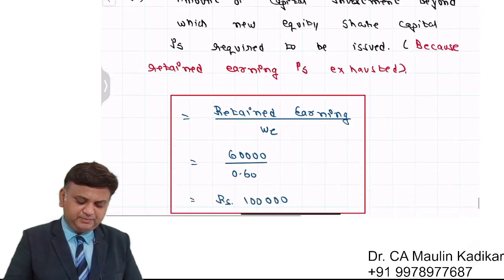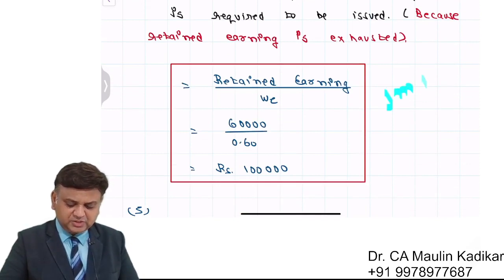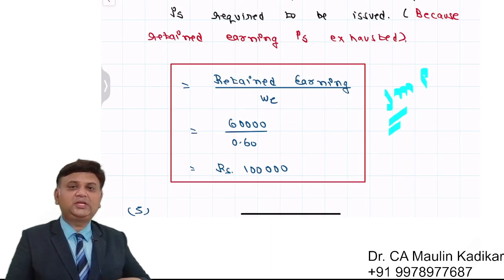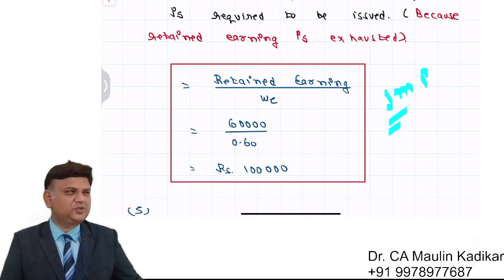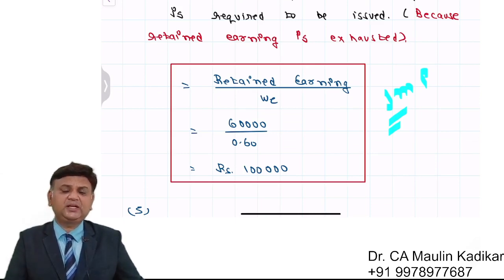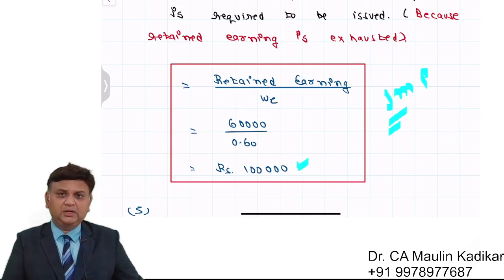Fourth part of the question is important in my opinion. The question says beyond which capital investment you have to issue the new equity share capital. So we understand that when the retained earning is going to exhaust, at 1 lakh rupee, that is 60,000 upon 0.6.